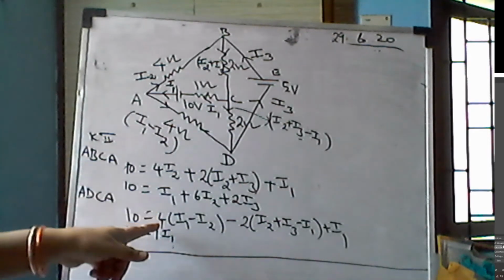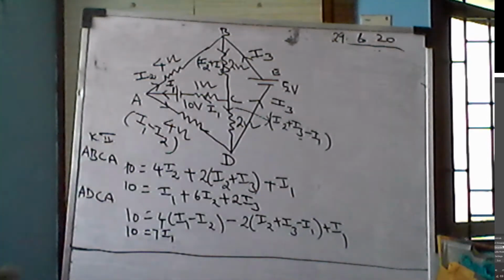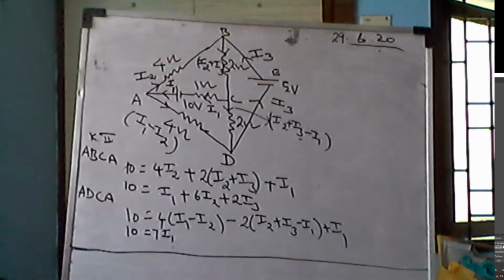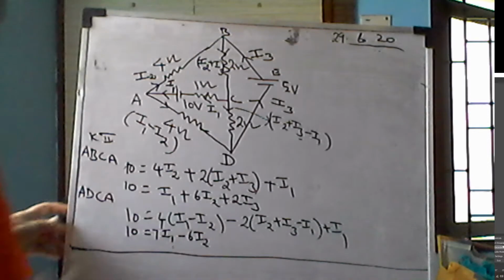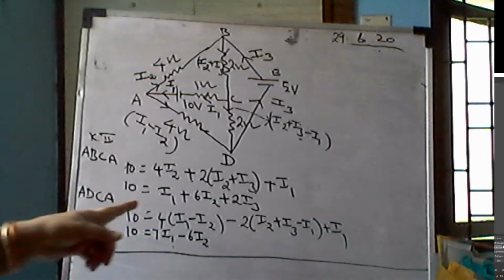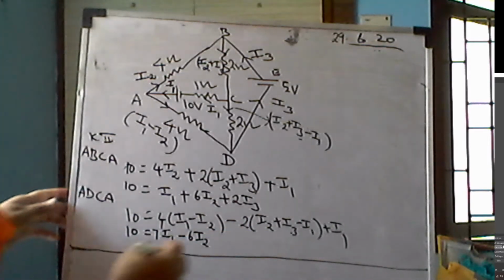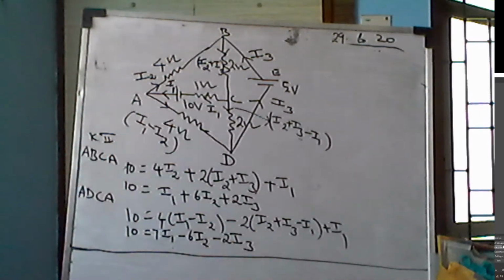I repeat, 4 plus 2, 6 plus 1, 7I1. Then minus 4 minus 2, so minus 6I2. Then I3 only one term is there, so minus 2I3. This is another equation. Because you are getting three variables, I1, I2 and I3, you have to take 3 equations and solve.